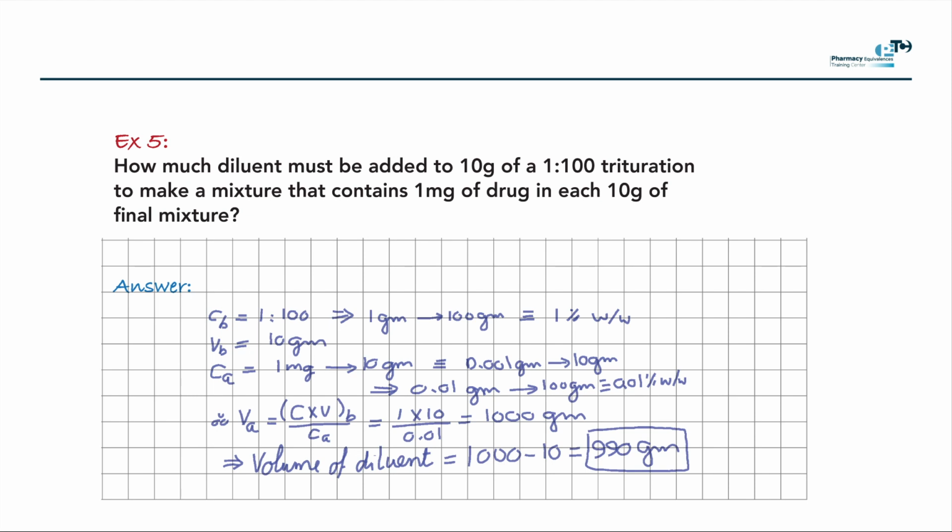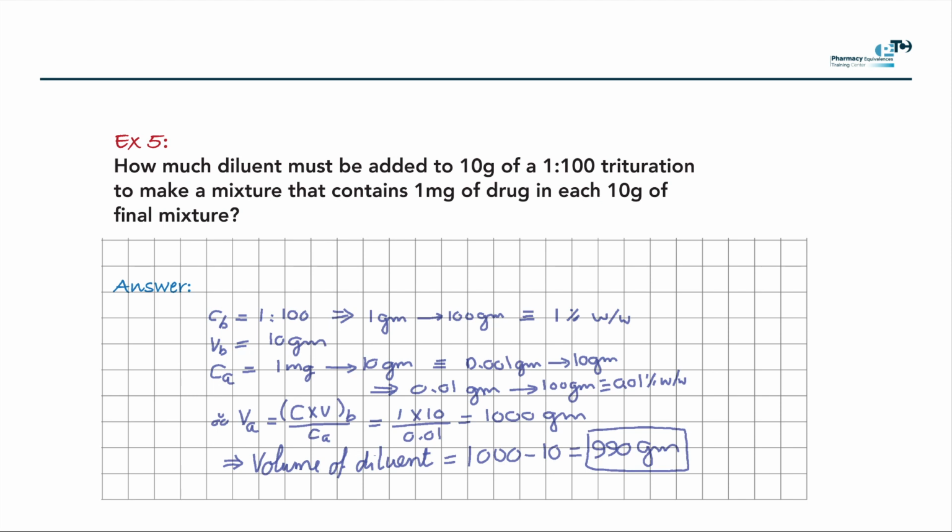As we said in the first slide of dilution, the concentration units and volume units must be the same on both sides of the equation. The concentration before unit will be 1% weight per weight. So the concentration after must be of the same unit, so we must convert it to the same unit.